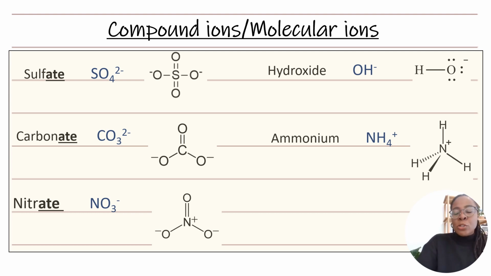We've also got the hydroxide ion, which is OH-, and the positive ammonium ion, NH4+. Now you need to just know these off by heart. So if you don't know them already, I'd recommend pausing the video now and writing down the names and the formulae for the ions in question.